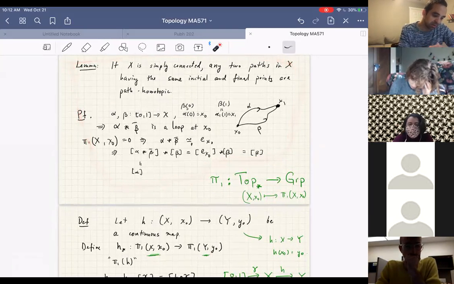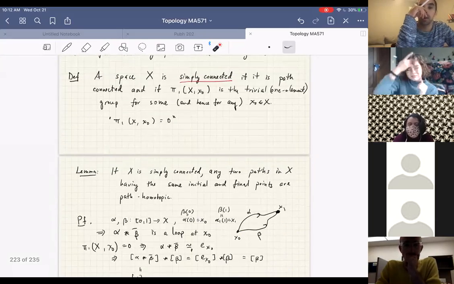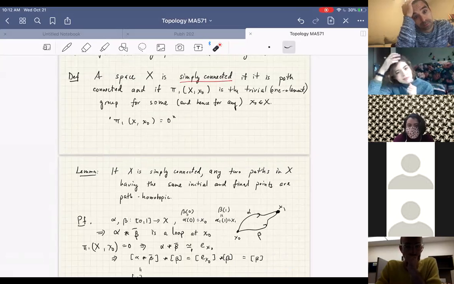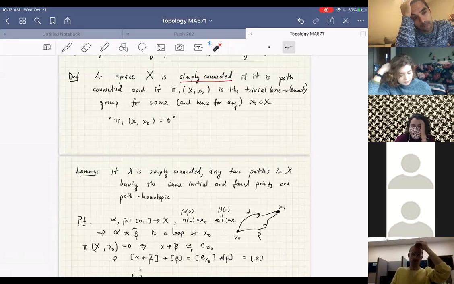But this might be useful later when we talk about if two spaces are homeomorphic, will their fundamental groups necessarily be the same, or be isomorphic, right? Because you're going to talk about homotopy equivalence, and I think there are cases where spaces are homeomorphic but don't have the same fundamental group or something like that.